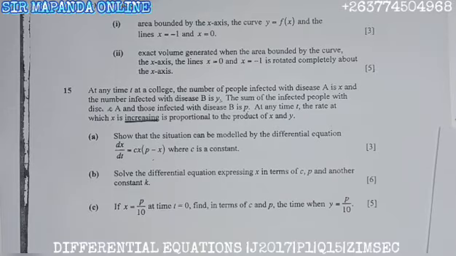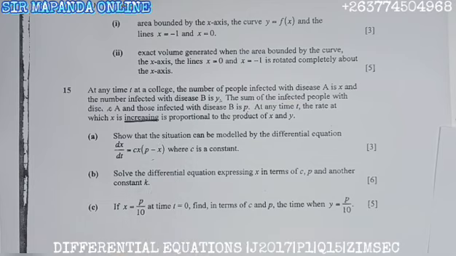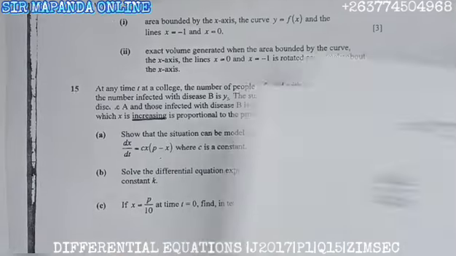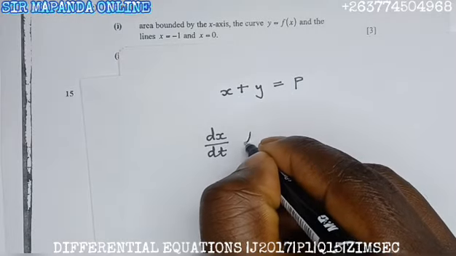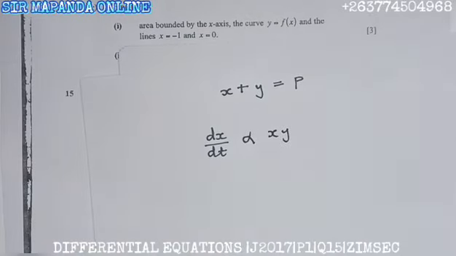All right. So they are saying the rate at which X is increasing is proportional to the product of X and Y. So for proportional, you put the variation sign. Product means you write XY. I hope you are listening, class.